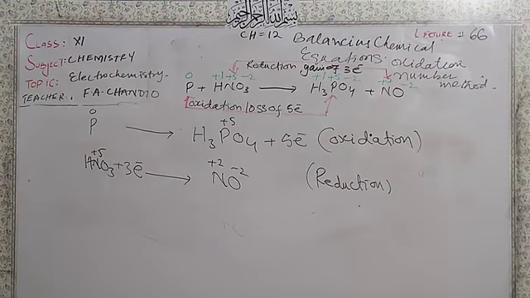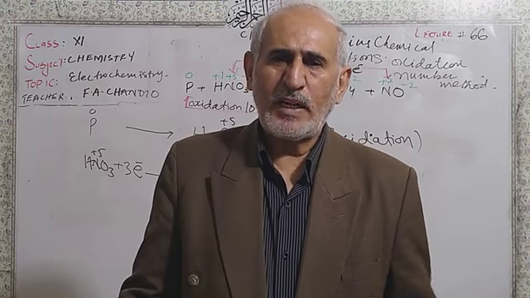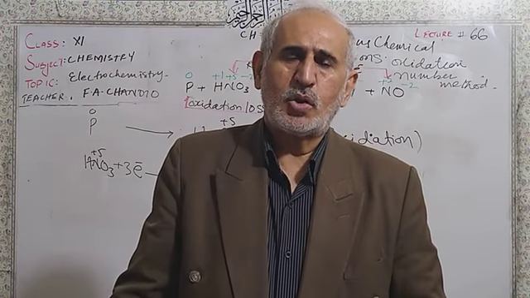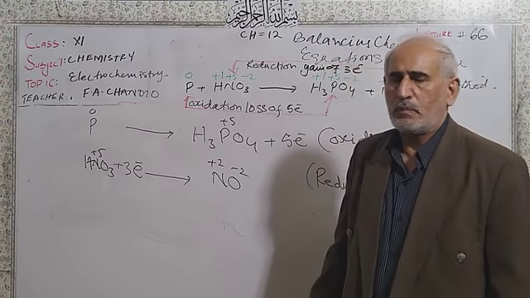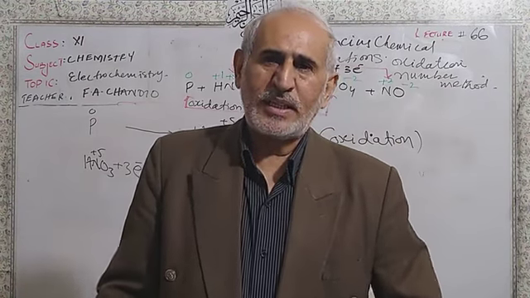So while splitting this equation in the two half cell reactions, now there is one very important thing. When you are going to add two half reactions, these electrons must be equal, same. Oxidation electrons, reduction electron must be same. So students, how I get the same?